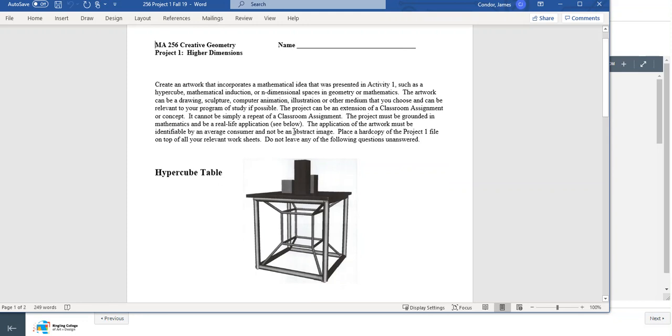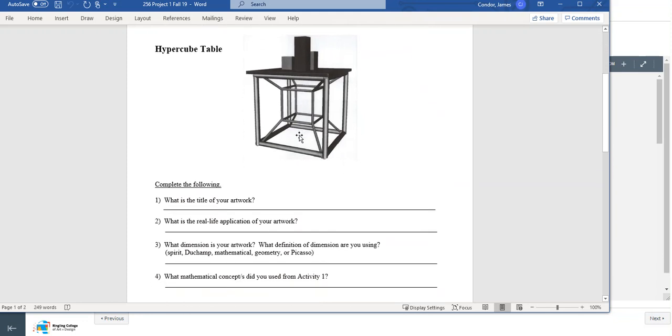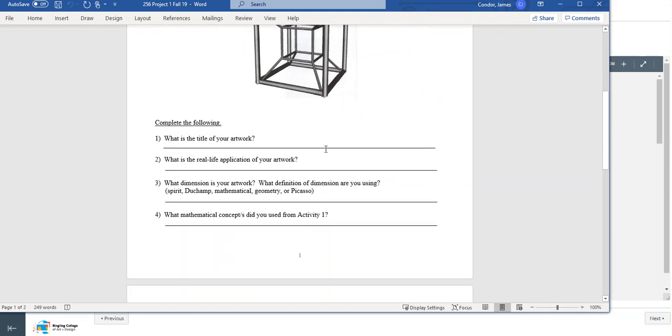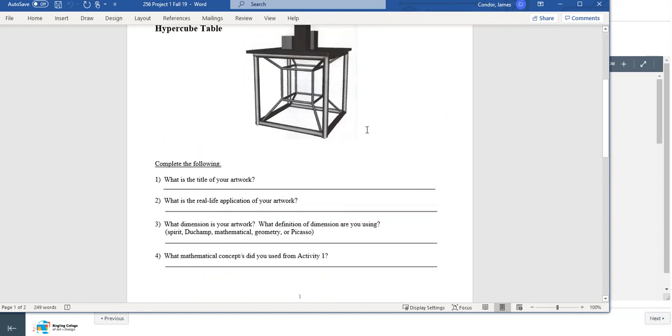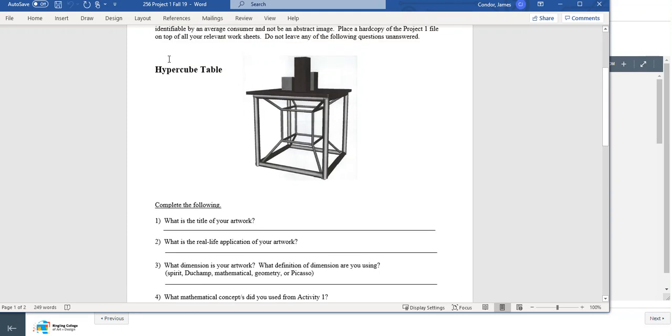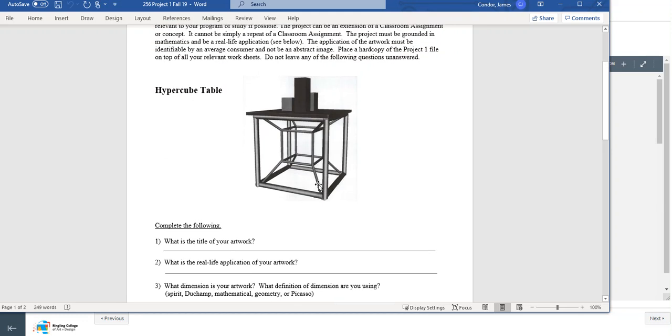So here's an example, you have some title, in real application. I'll talk a lot about it in the videos, but just remember that all your projects have to relate to something real. So for example, this person talked about a hypercube table. The table is obviously something real that everybody would identify with.